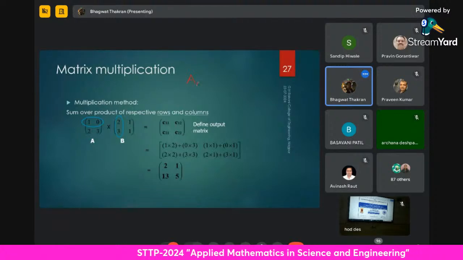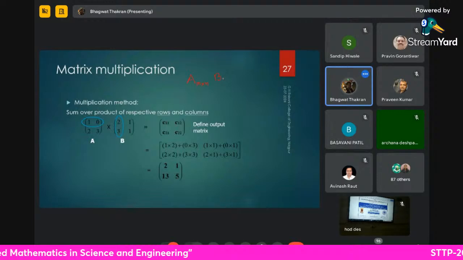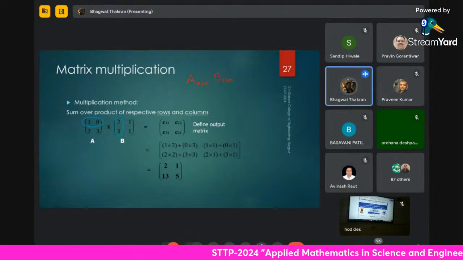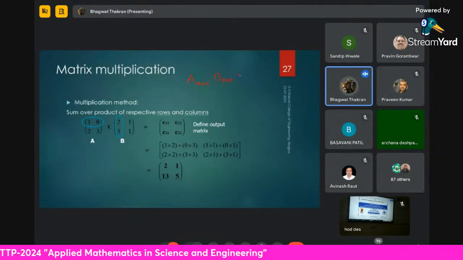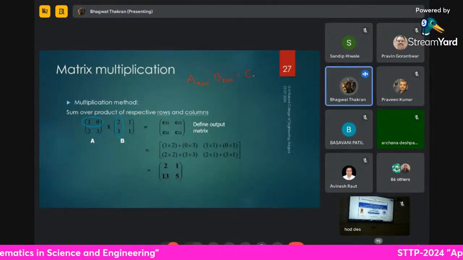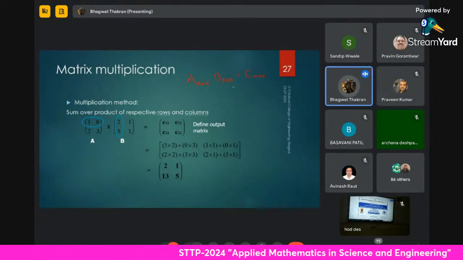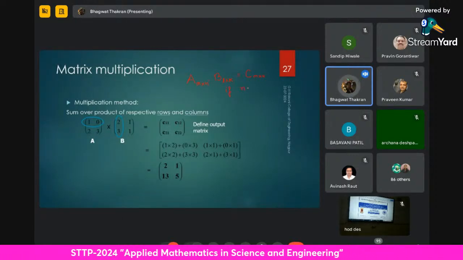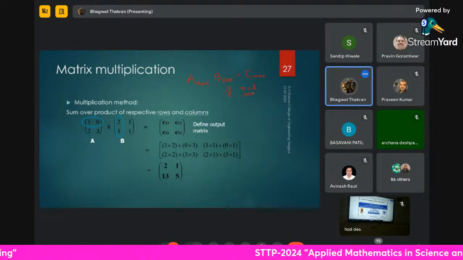If matrix A is of order m cross n and matrix B is of order L cross K, and we want to take the product of A and B, then this product results in a matrix C whose order will be m cross K. But the result is possible if and only if n and L are equal. That gives the guarantee that the product of these two matrices is possible.